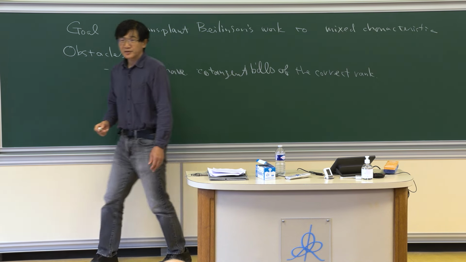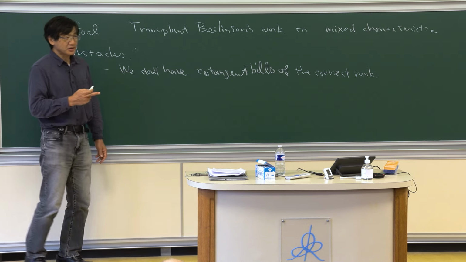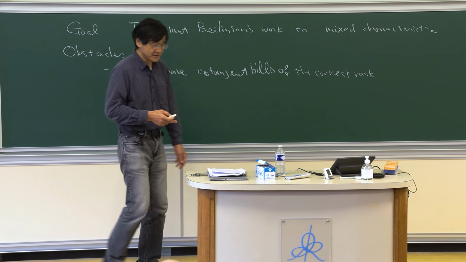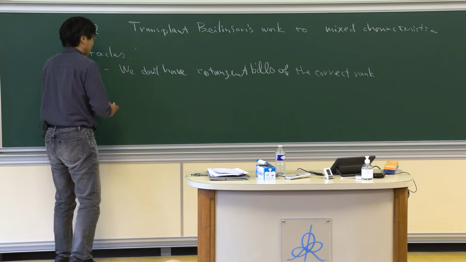The cotangent bundle is defined by omega 1, but for example, if you take the localization of Z at p, then omega 1 is just trivial, so we don't get a good cotangent bundle. So this is the first example.